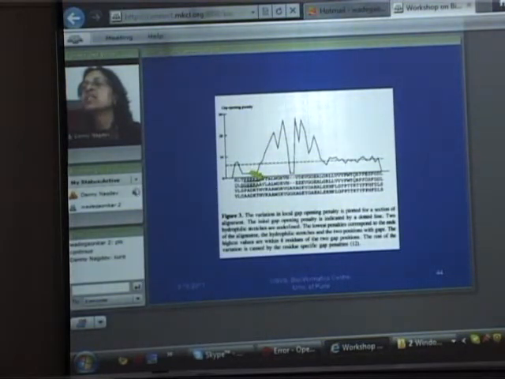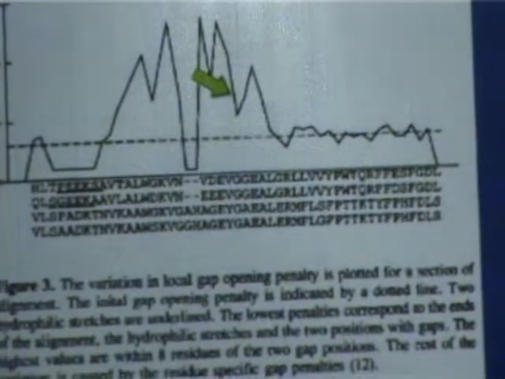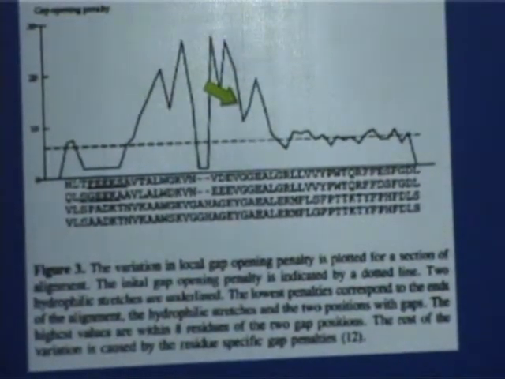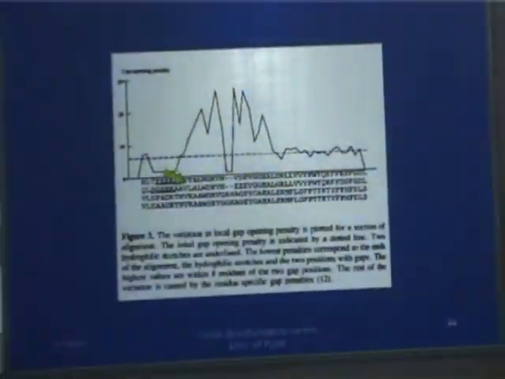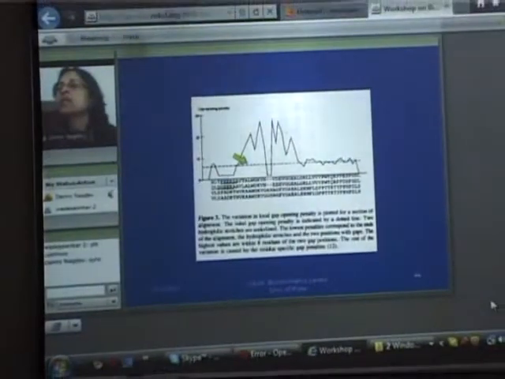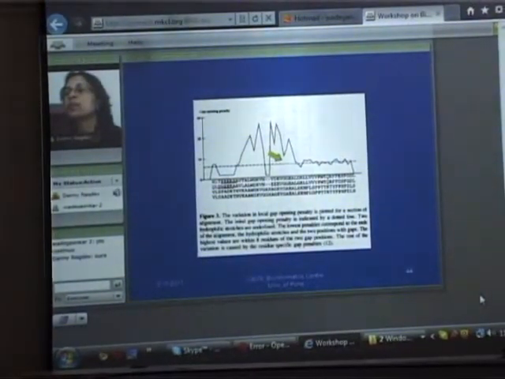And if you consider this region, as well as the upstream region up to 8 characters, you will see that the gap opening penalties are very much higher. That is according to the rule of the ClustalW position specific penalties, that within plus minus 8 residues of an existing gap, you have to increase the gap opening penalty.